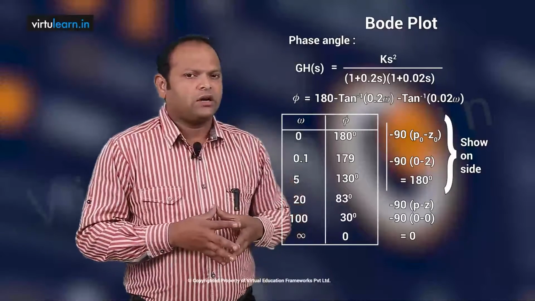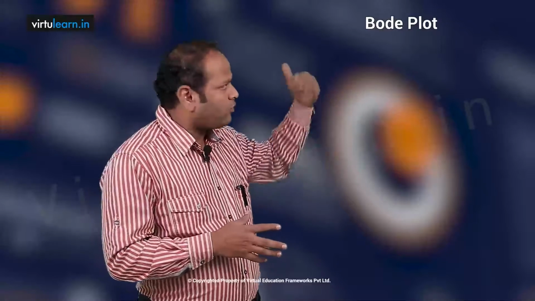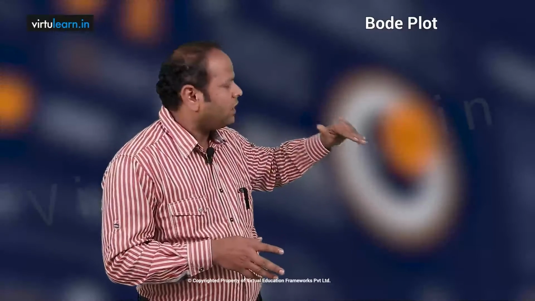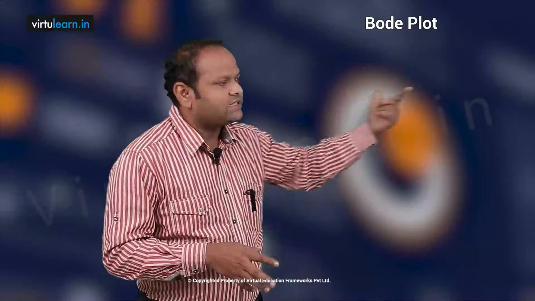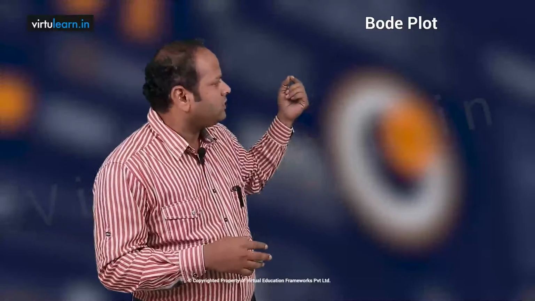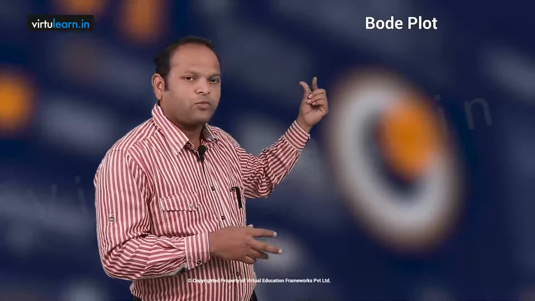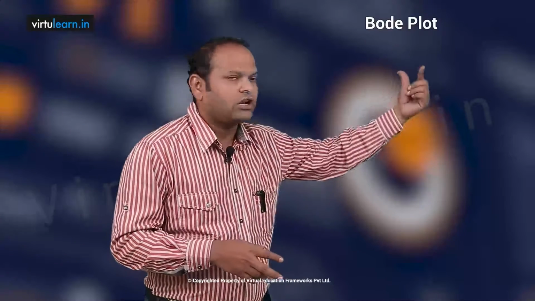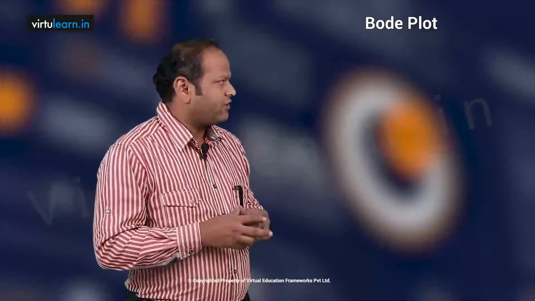Let us look at the semi-log graph sheet, and we know the frequency ranges. We have 0.1 to 50, 100. So, that frequency range we can assume. Let the leftmost one be 10 power minus 1, that is 0.1. Next is 10 power 0, 10 power 1, and so on. We can take the frequencies.